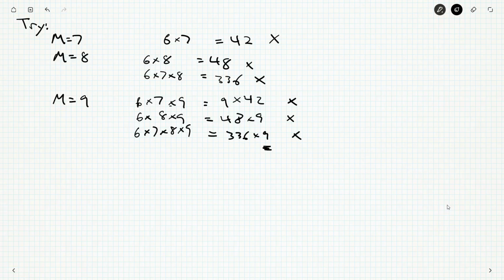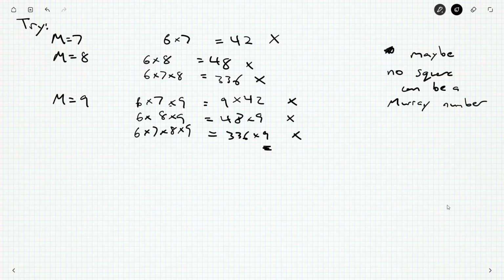This is just an observation based on the 9: no square can be a Murray number, unless, I think part of the definition is you have to have at least one integer, so unless n is a perfect square.